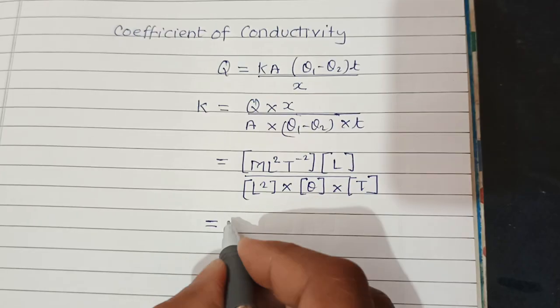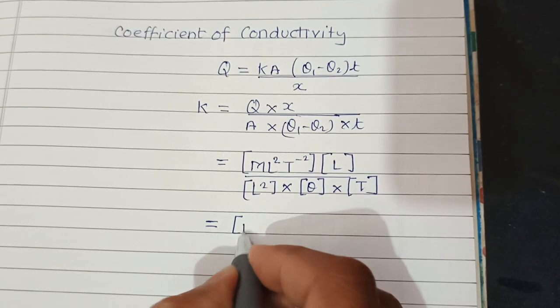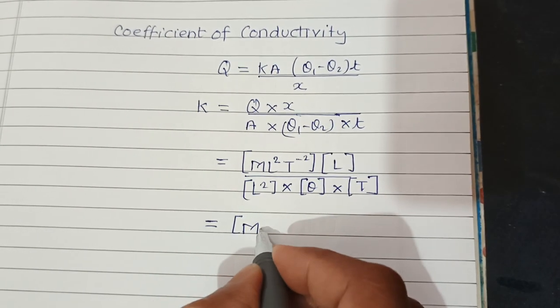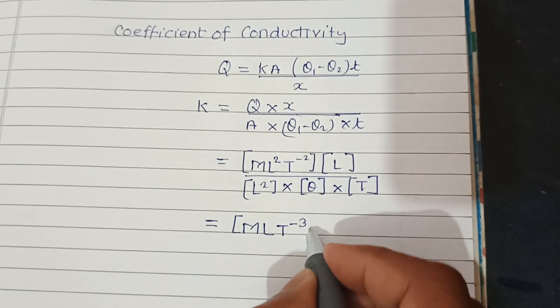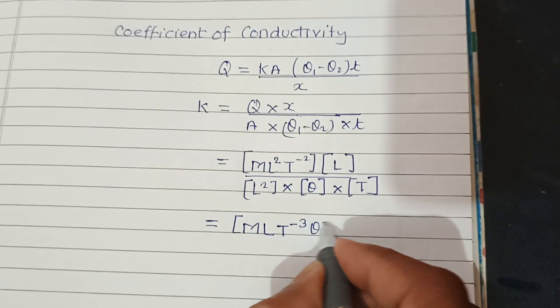We will get, after solving this, m l T minus 3 theta to the power minus 1.